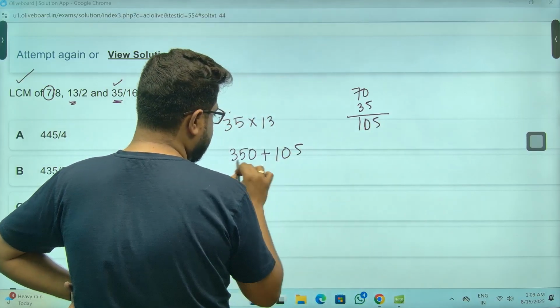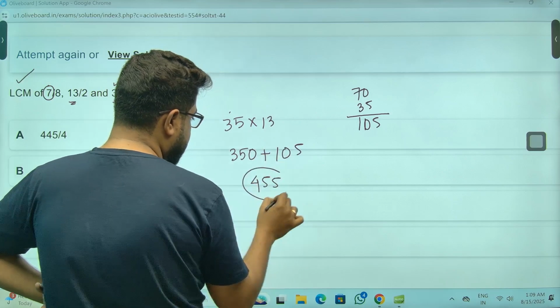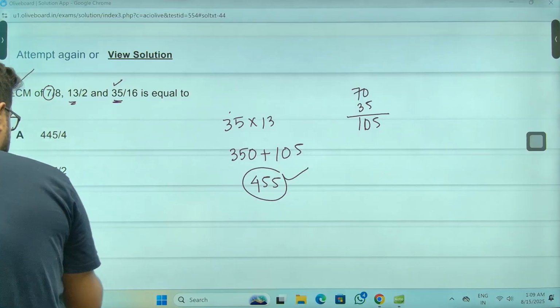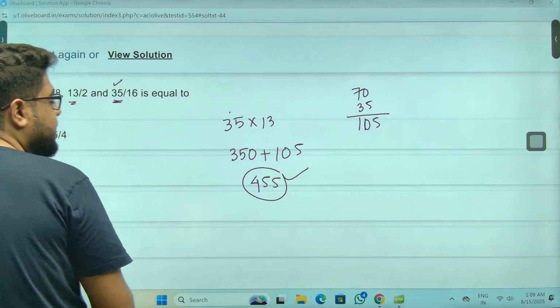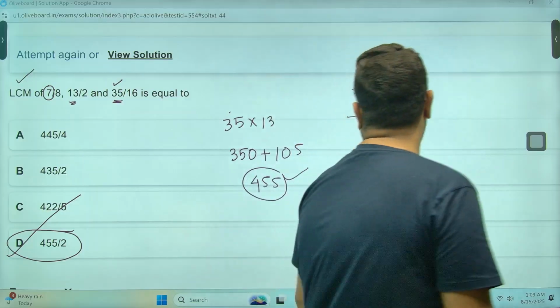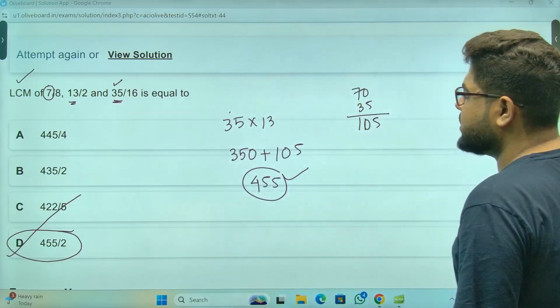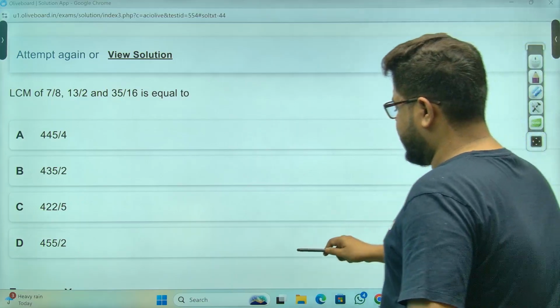So that is 455. Where is 455? See, only one option has 455 in the numerator. That's your answer. So 455 by 2, option D.